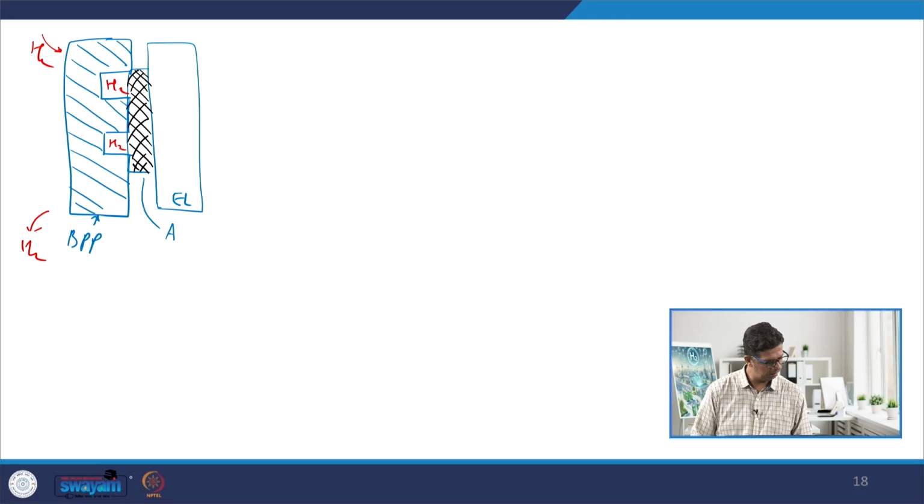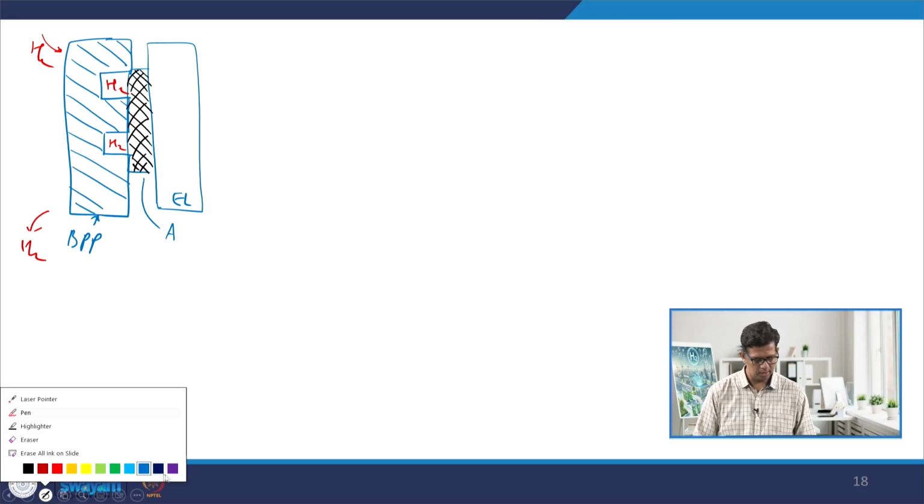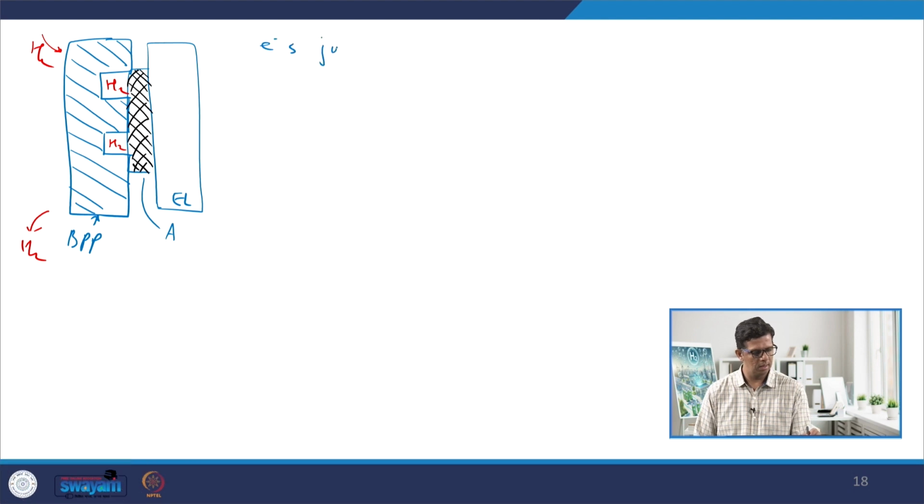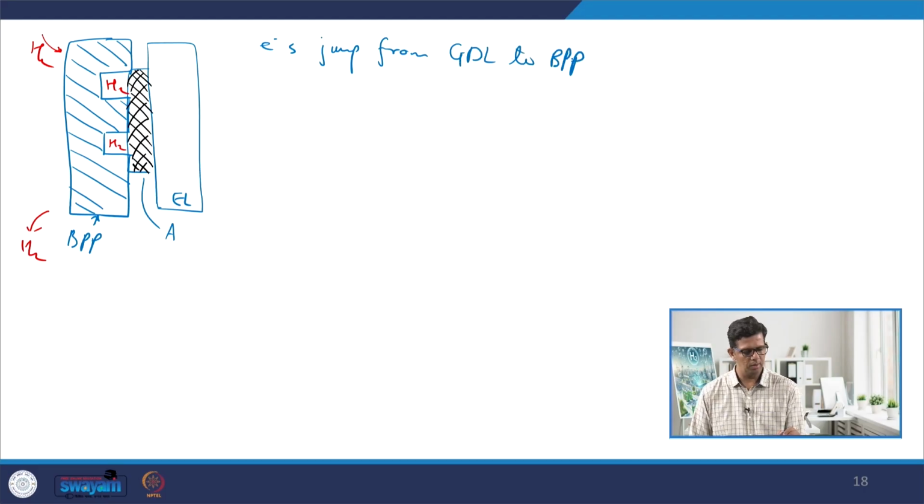So we have to have some desired properties for the bipolar plate. Let me write this up. Electrons jump from GDL to bipolar plate. In other words, bipolar plates are the ones that receive the electrons from the GDL and then transfer them to the current collector or to the external circuit.